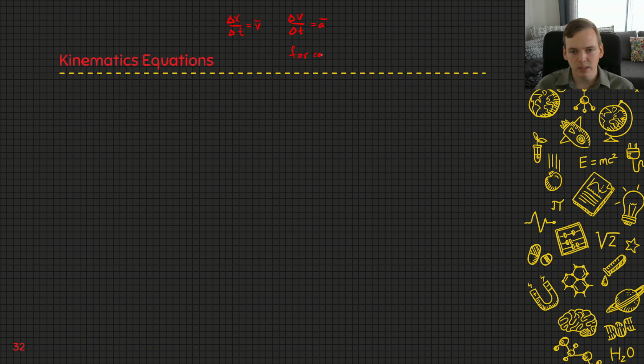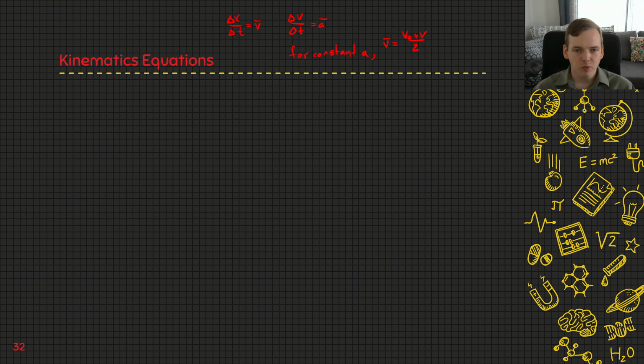So for constant a, we can assume that v bar is also equal to the initial velocity plus the final velocity divided by 2, like your standard average. This only works for this assumption of constant acceleration, but if we weren't, we'd have to do calculus, and that's not in the scope of this course.